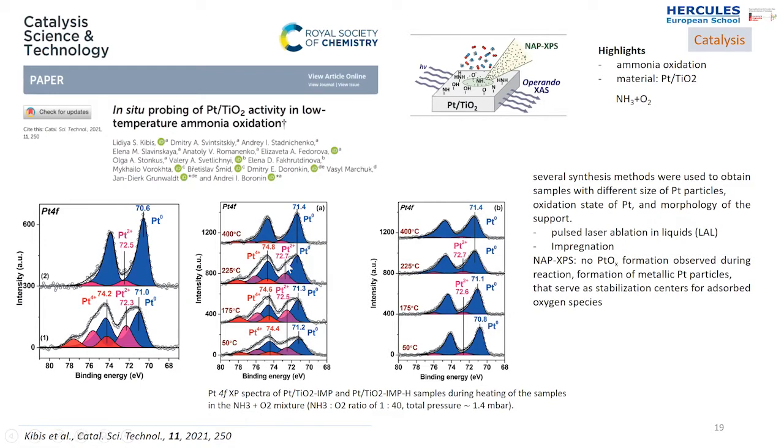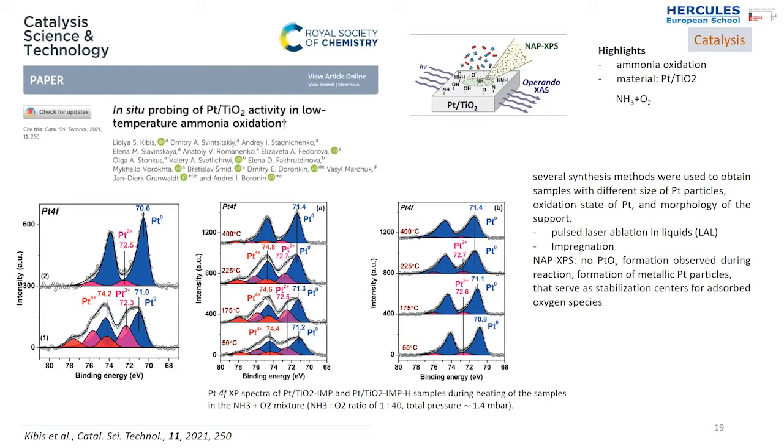If you put those materials in the reaction conditions, so it means a combination of ammonia and oxygen in the ratio of 1 to 40, with a total pressure of 1.4 millibar, they behave completely differently. And usually the groups that come to our facility are already characterizing their samples by different techniques.